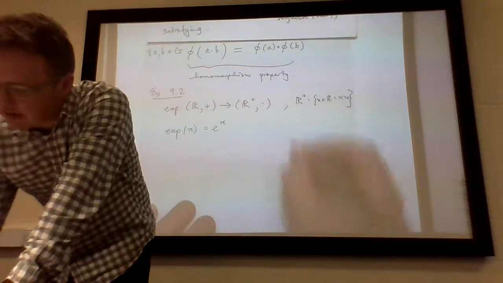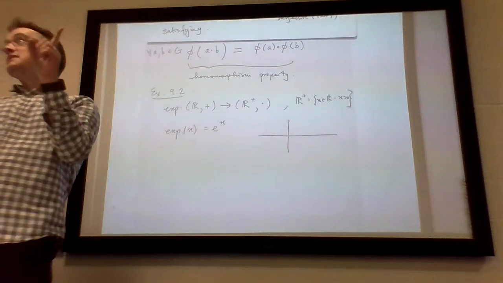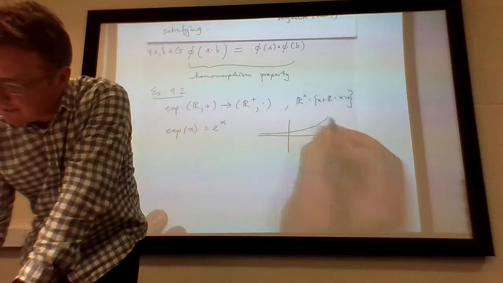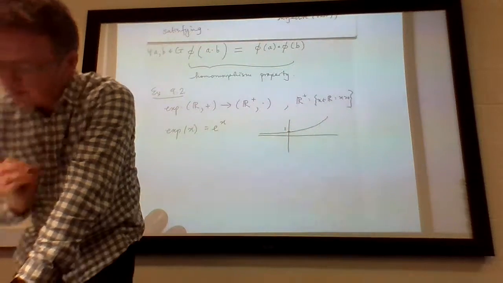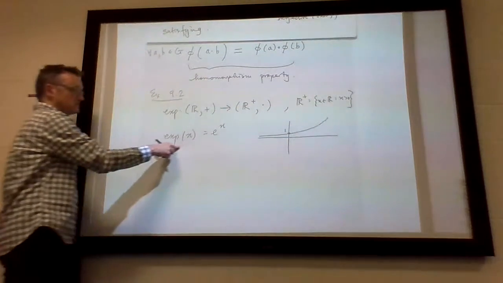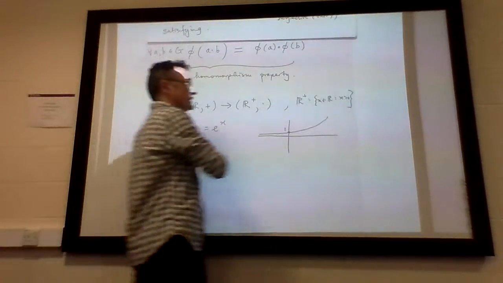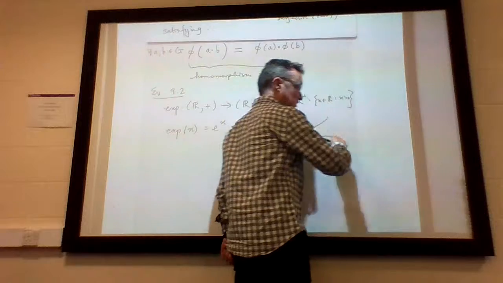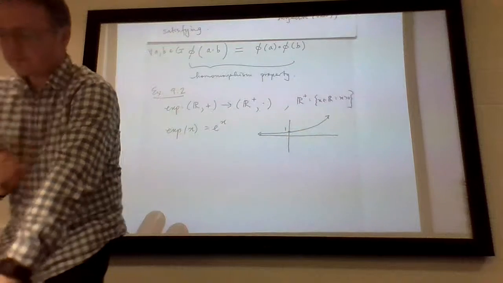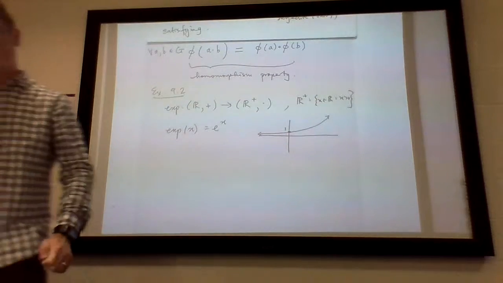Well, if you look at the graph of the exponential function, it looks something like this. That's the axis there at 1. It keeps going asymptotically to 0 as you get larger and larger negative arguments, and it increases exponentially as you get larger and larger positive arguments.